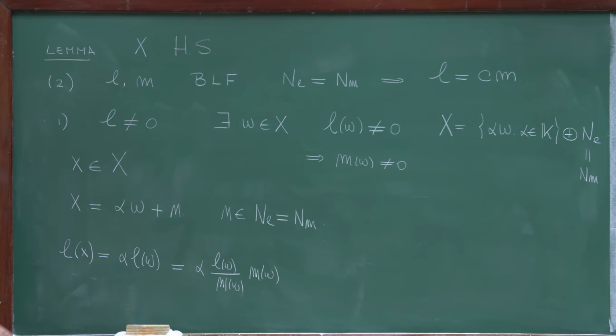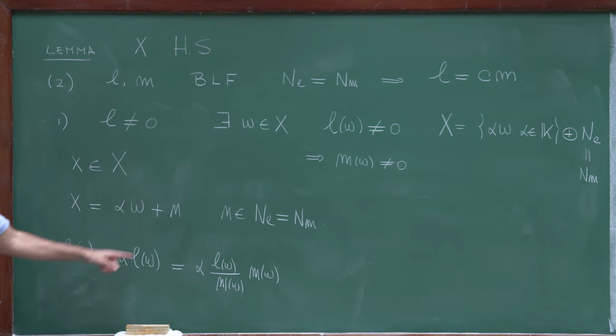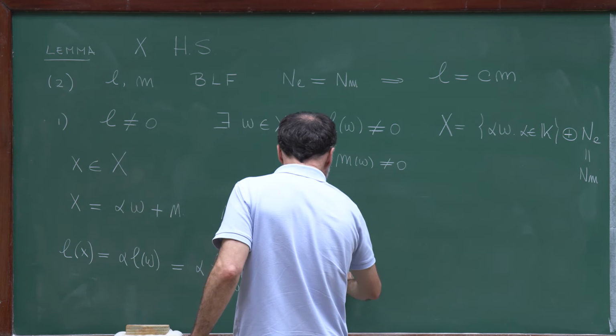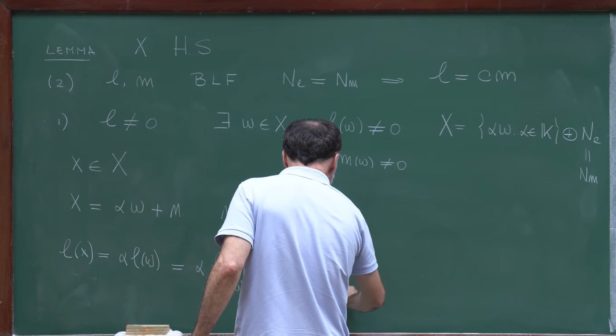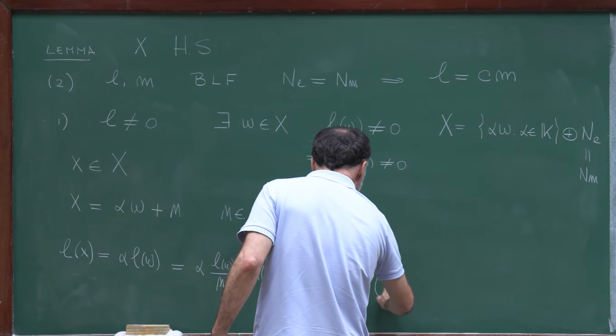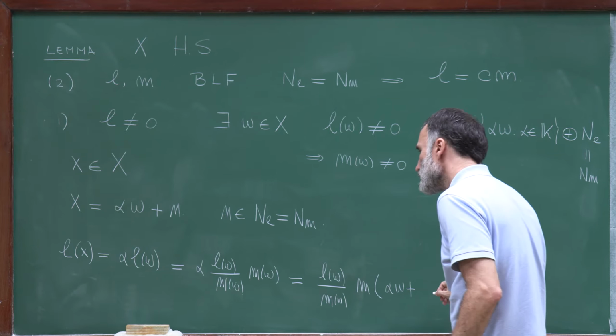And now, by linearity, I can introduce alpha inside M and add n. So what I claim is that this is equal to L of W divided by M of W times M of alpha W plus n.